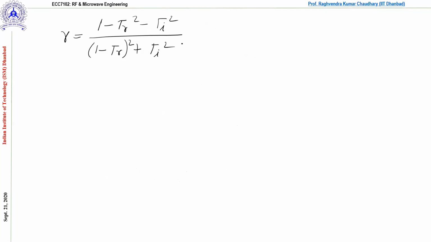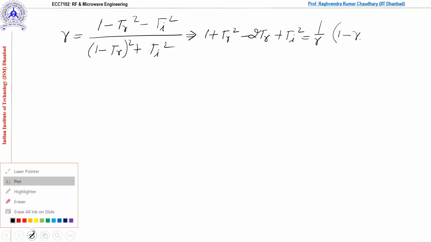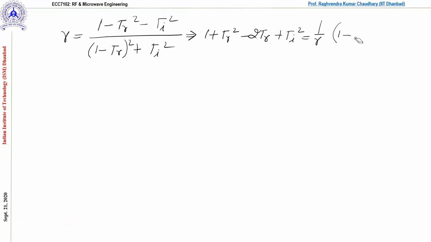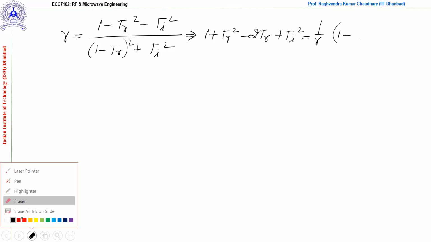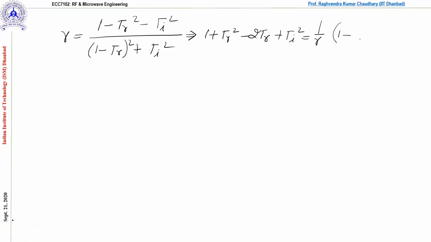Fine. Now what we'll do, we need to rearrange these things. So how we can write these things? So this is 1 minus gamma r square minus gamma I square... sorry, just a minute. This will be gamma r square minus gamma I square. Fine.